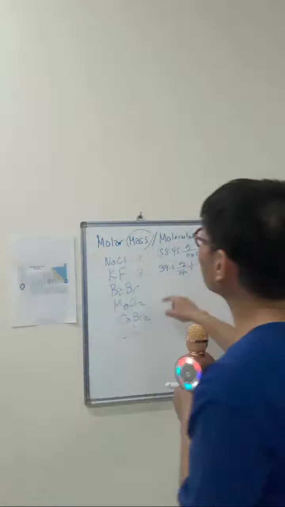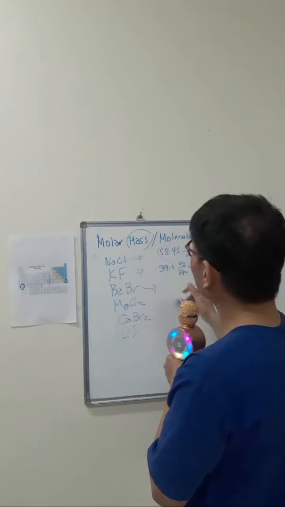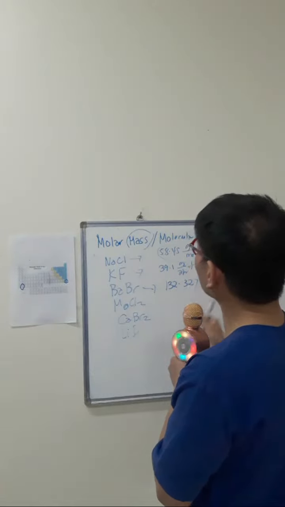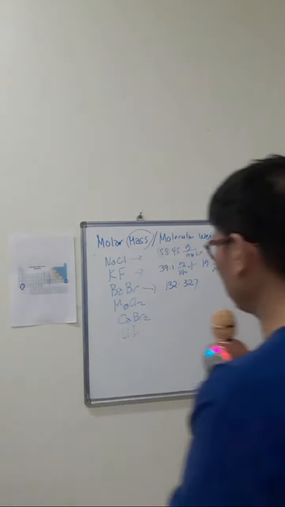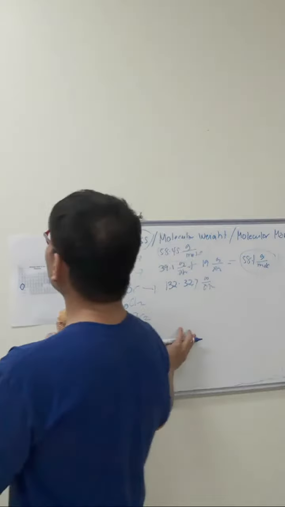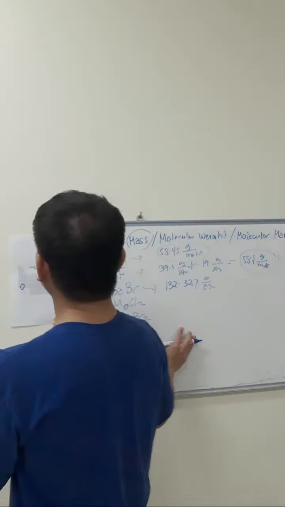Barium bromide. The atomic weight of barium is 132.327, gram atom. And that's very clear. Bromine, what is the atomic mass of bromine?